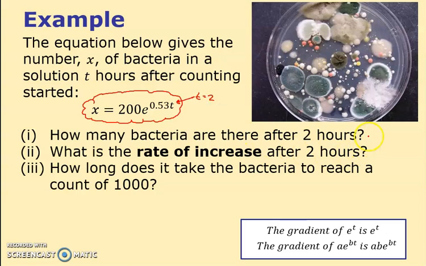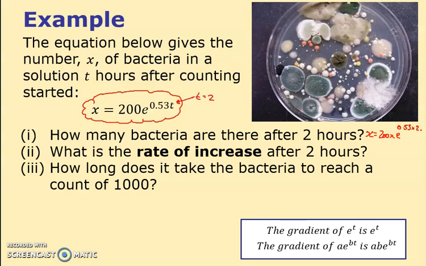So here all I'm going to do is x equals 200 times e to the 0.53 times 2. I'm going to type that into my calculator. Let's see what it says. Notice I'm not finding the gradient of it. It doesn't ask me to do it.